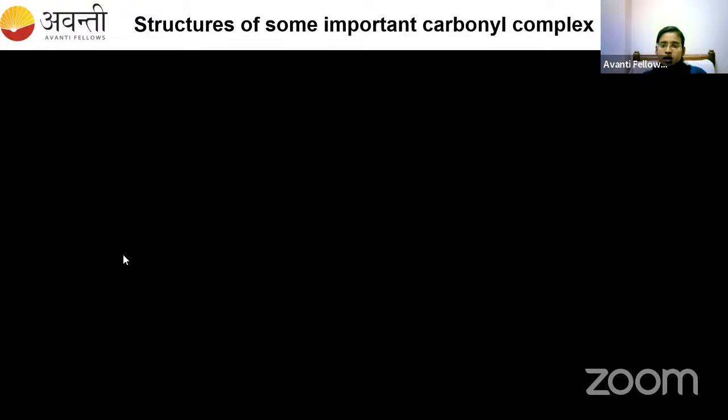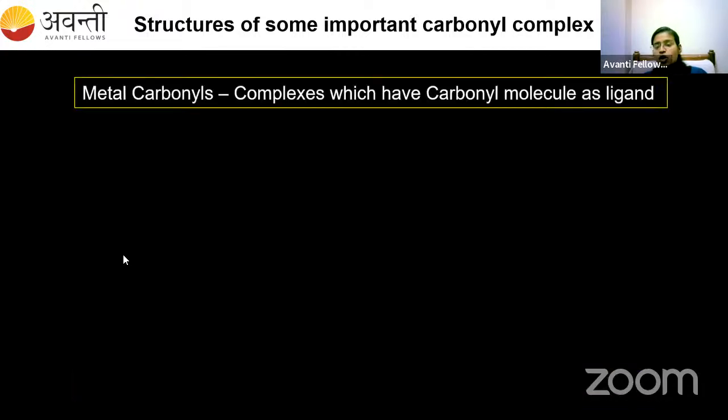So the complexes which have carbonyl molecule as a ligand are called metal carbonyls. What is the formula for carbonyl molecule? It is CO. So now I will go for some examples.